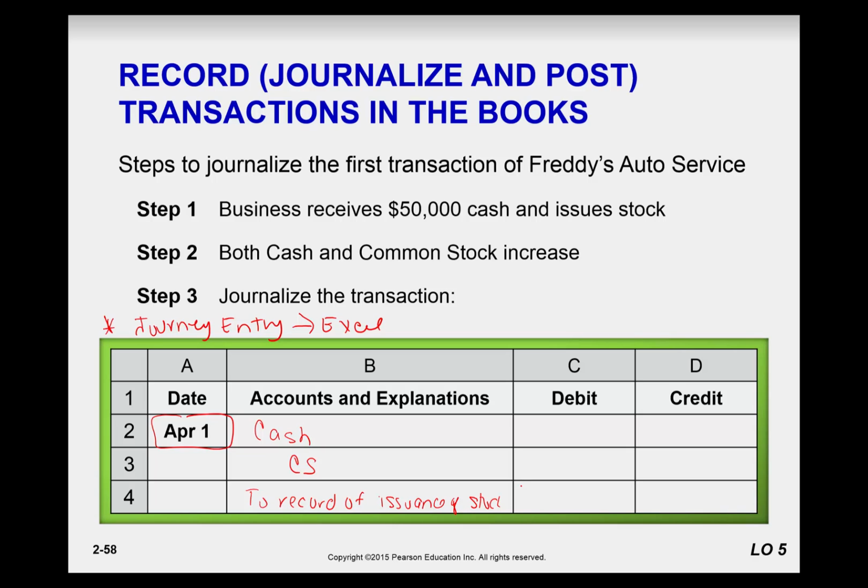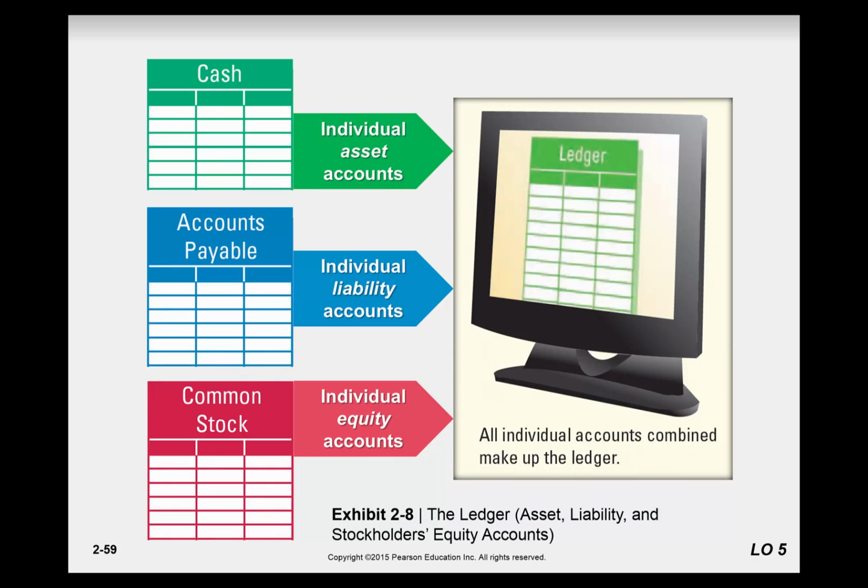And then your debits will be on this side, and your credits will be on this side. And then notice the T account shape. So if you see, we have cash, accounts payable, and common stock. Basically everything is all in a ledger, or what we call a general ledger.